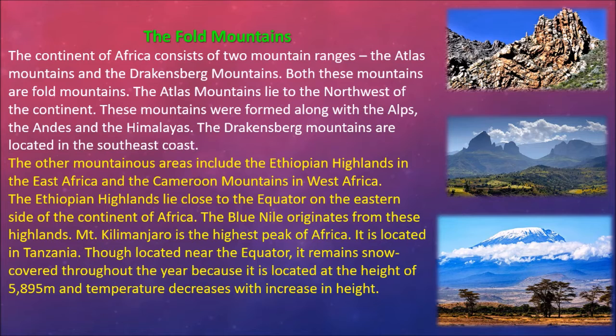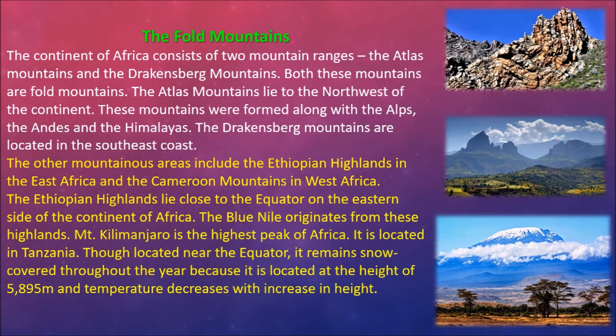Mount Kilimanjaro, the highest peak of Africa, is located in Tanzania. Though located near the equator, it remains snow-covered throughout the year because it is located at a height of 5,895 meters and temperature decreases with increase in height.